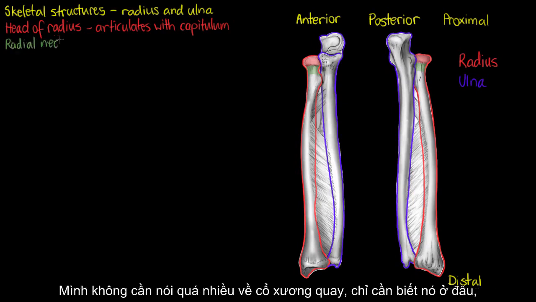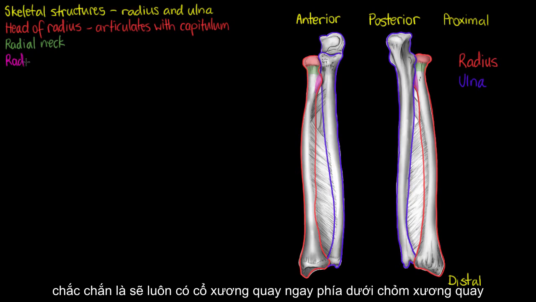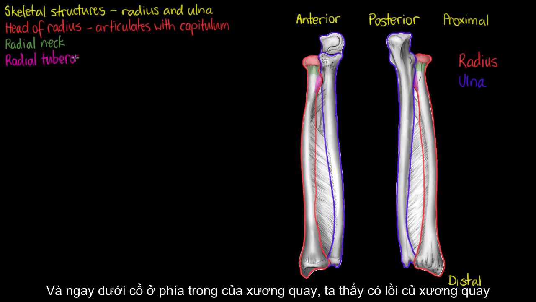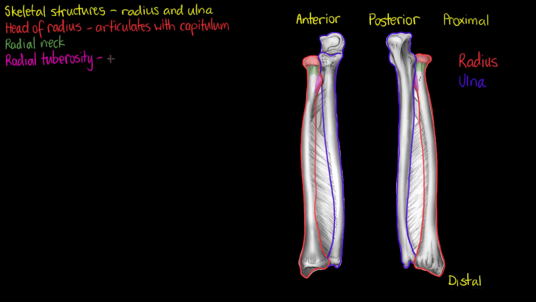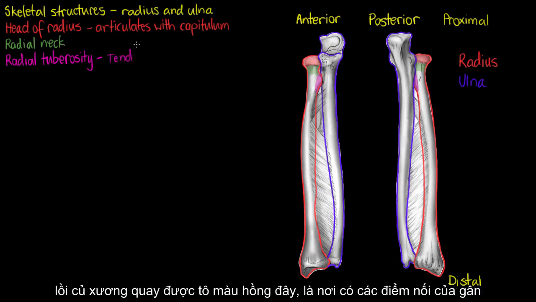Now just below the head of the radius here in green, I've highlighted the radial neck. And we don't really need to say too much more about the radial neck apart from to know where it is, and we always know there's going to be a neck below the head of the bone. Again, just below the neck on the medial side of the radius, we are going to see the radial tuberosity. The radial tuberosity in pink just here is going to be a point from which we have tendon attachments.